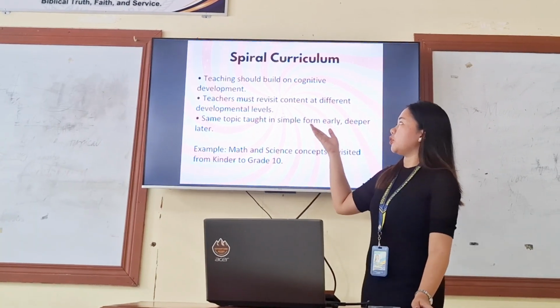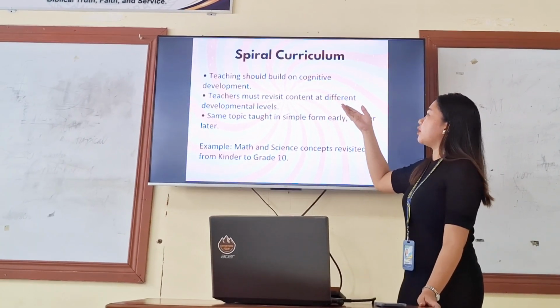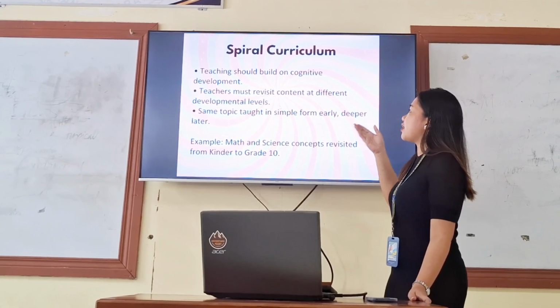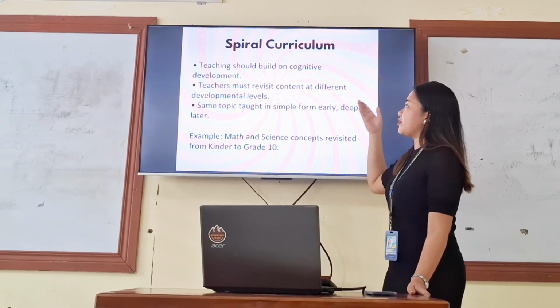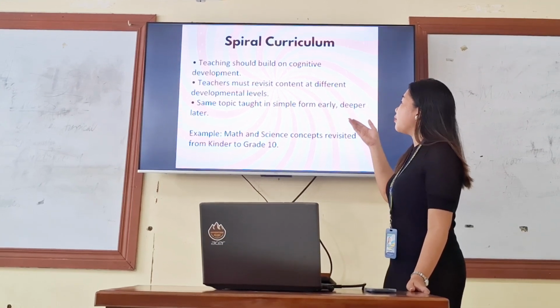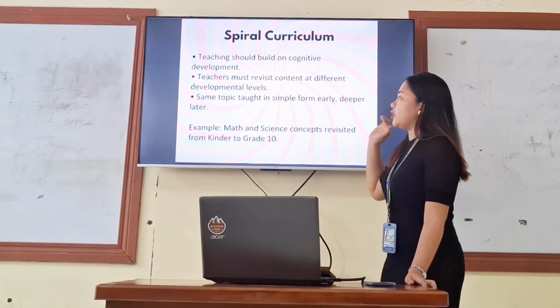In spiral curriculum, teaching should build on cognitive development. Teachers must revisit content at different developmental levels. The same topic is taught in a simple form early, then deeper later.